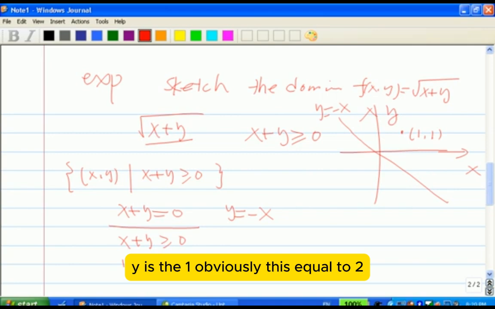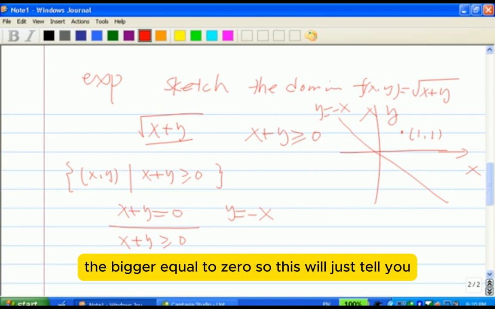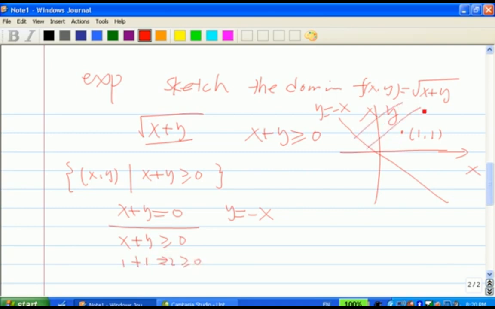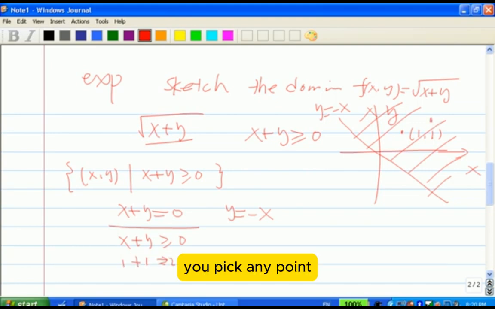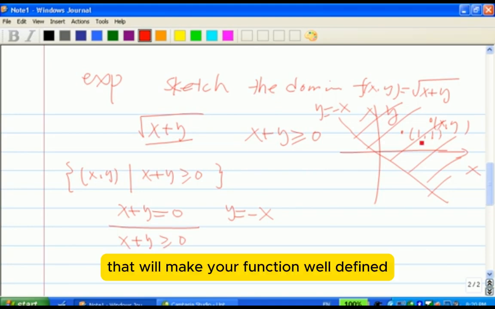Obviously, this is equal to 2, which is bigger or equal to 0. So this tells you this side of it. Okay, this shaded region will be your domain. In other words, you pick any point in this shaded region and that will make your function well defined.